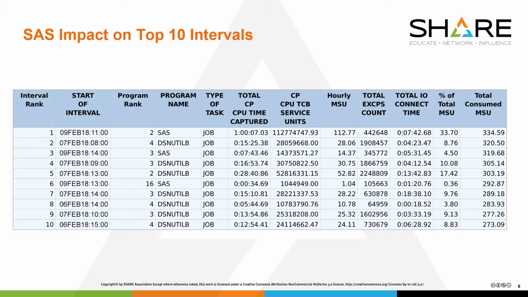And from that same customer, then we went in and we said, well, look, of your top 10 intervals of CPU consumption, what was the top consumer during those times? And you'll see that SAS was up there on several of these. So it was greatly contributing to their peak.